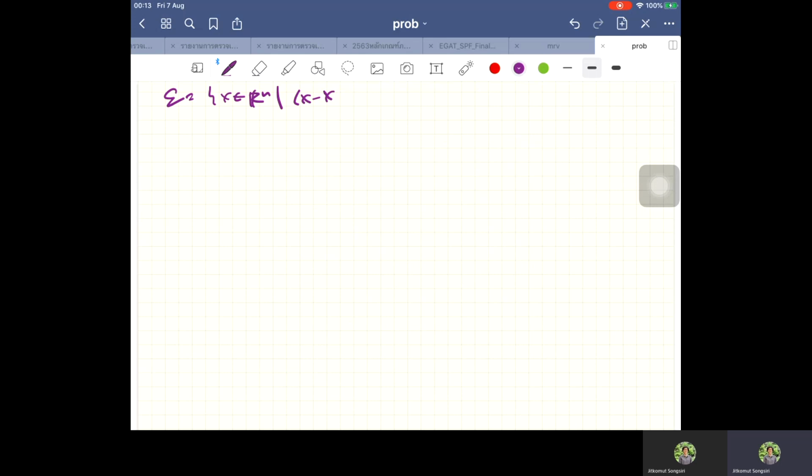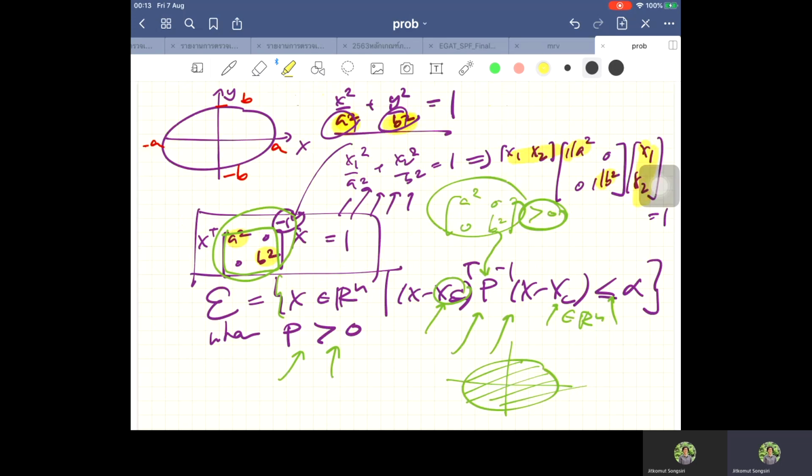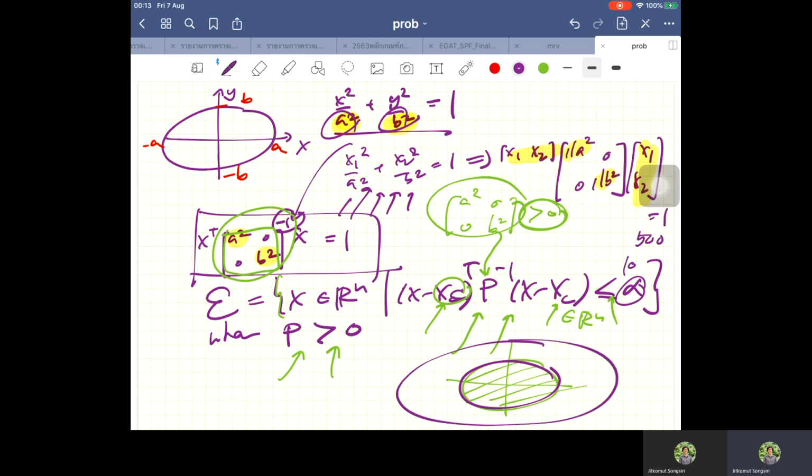The way that we parameterize the ellipsoid is this: an ellipsoid is parameterized by the center, the matrix P, and the level. Alpha will tell you how big the ellipsoid is. If alpha is 10, the ellipsoid is this. If alpha is 500, you will see that it's going to be gradually bigger.